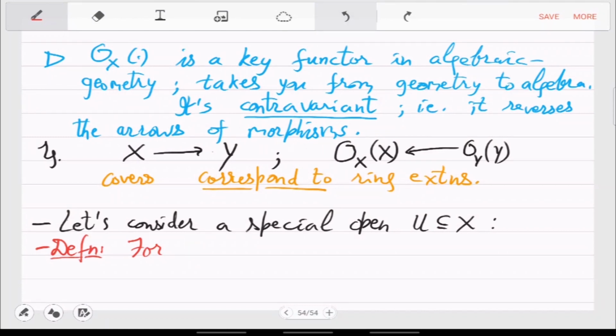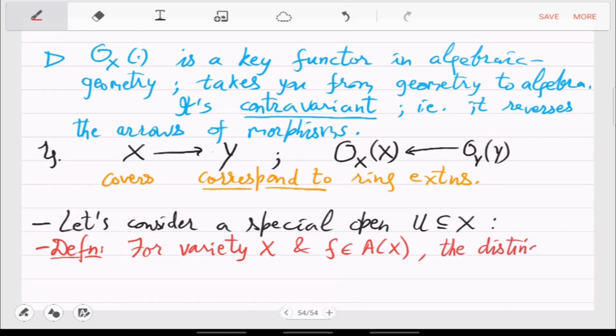For a variety X and an element f of the coordinate ring, you want to define X sub f. So, the distinguished open set X_f is defined as follows.